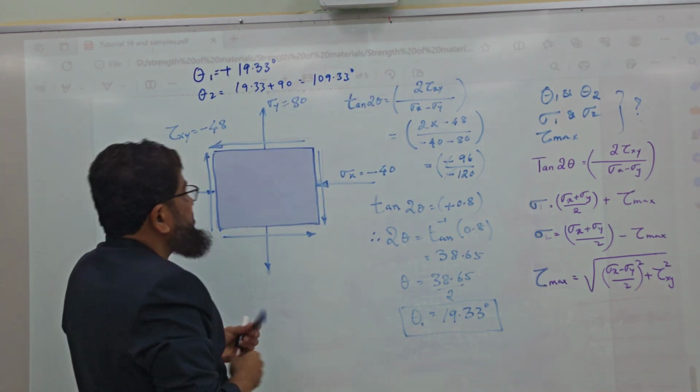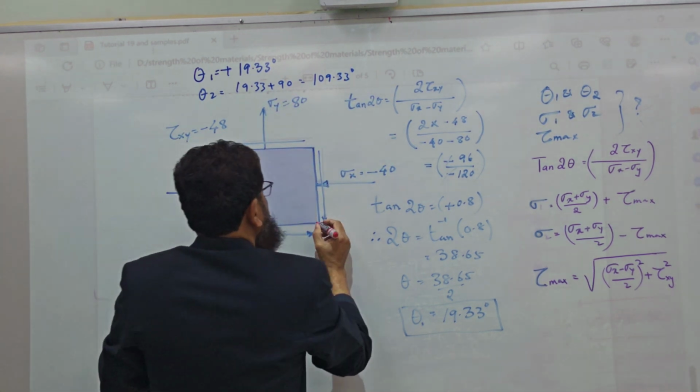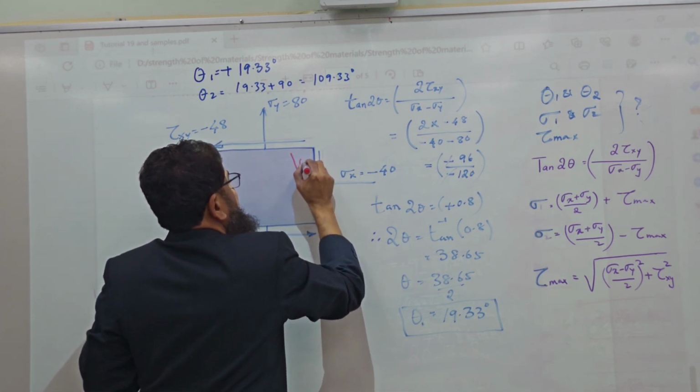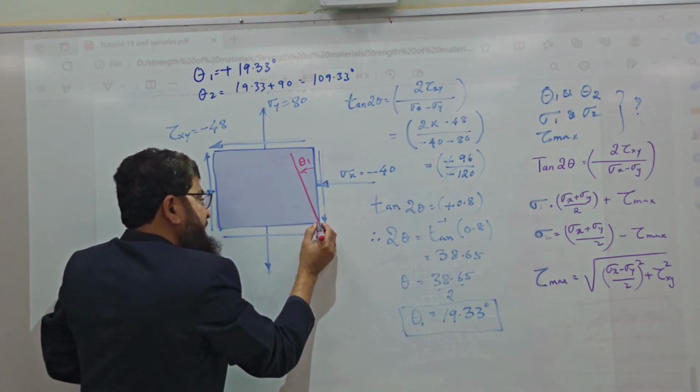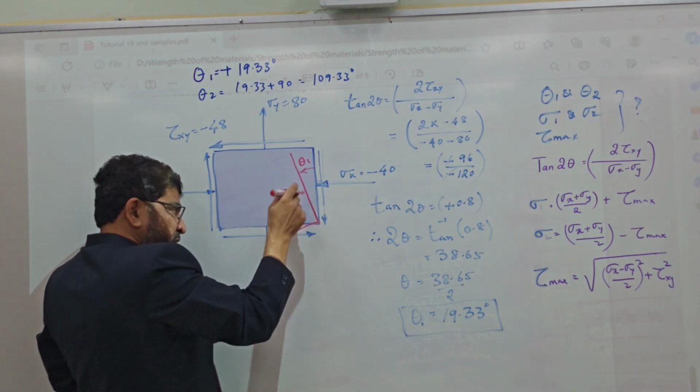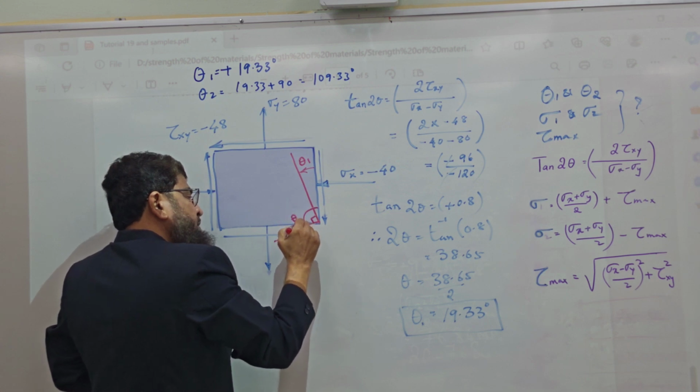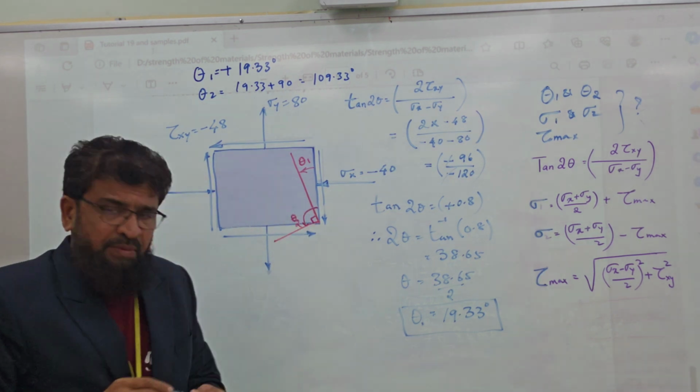So your first plane is here, at 19.33. Write a line perpendicular to this line. This will be your theta 2. Simultaneously you do it, it will be easier.